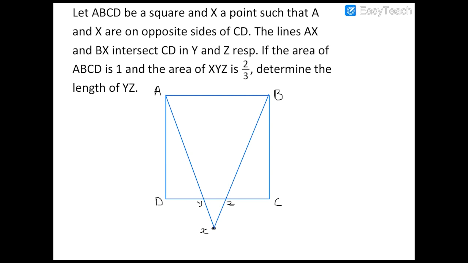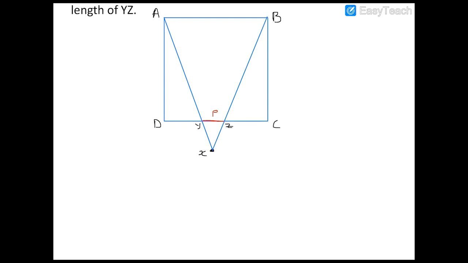Okay, and the area of ABCD is 1 and the area of XYZ is 2/3. Determine the length of YZ. So I'm going to call the length that we are required to find this one here. Let's just call it P for now.